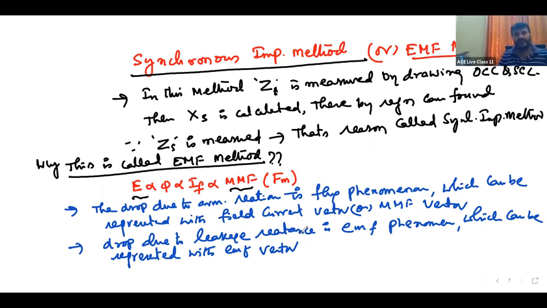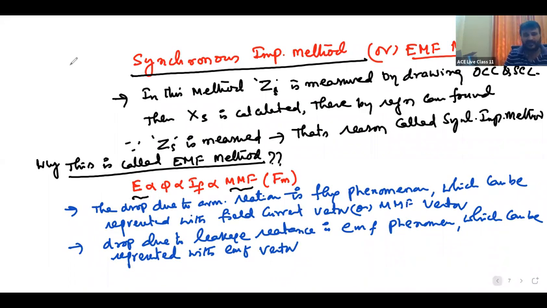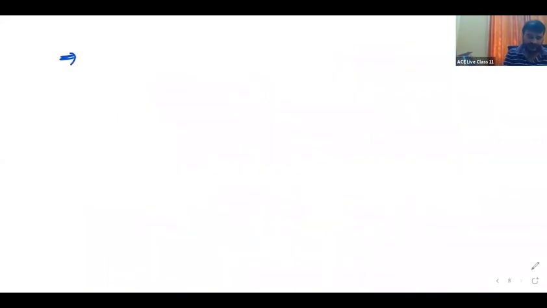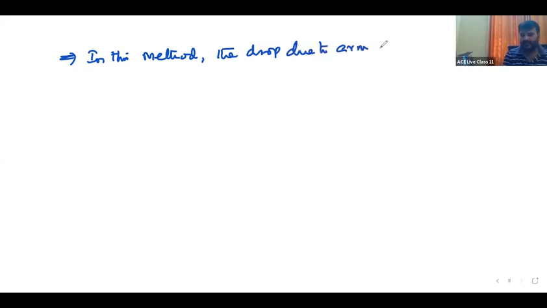Armature reaction is also represented with an EMF phasor. In this method, the drop due to armature reaction is also considered as an EMF phasor.